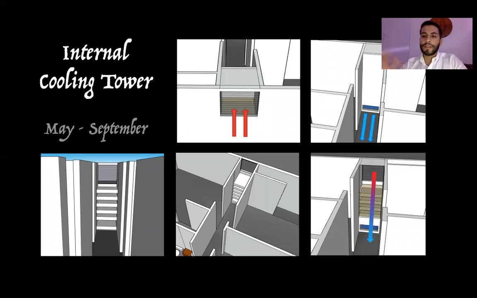So the idea is hot air comes into the tower and slowly is cooled through each layer of the pads and ultimately is exhausted out as cooler temperature. And so this, of course, can help in very hot, arid regions. It's a Middle Eastern design principle, so that's something to consider, especially because you can use it between May and September.